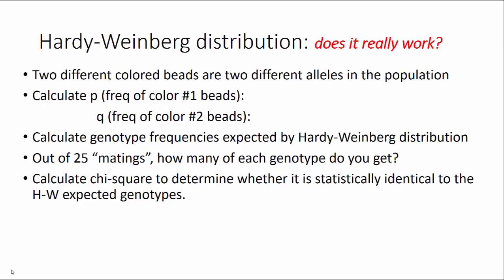So for this first problem, I'm going to do a simulation of the Hardy Weinberg distribution. And so the allele frequencies are known to predict the genotype frequencies, assuming certain conditions are met. So this simulation we would normally do in the class period, and I'm going to do this simulation and guide you through the first part of the worksheet.